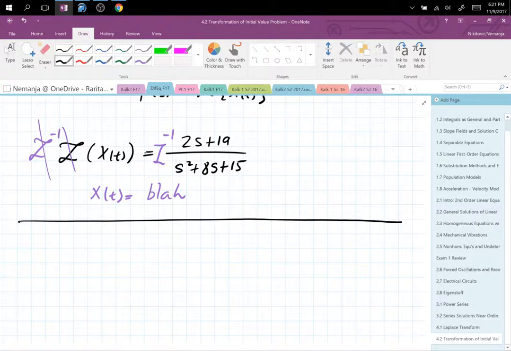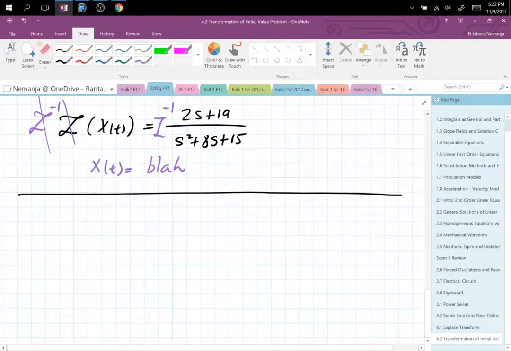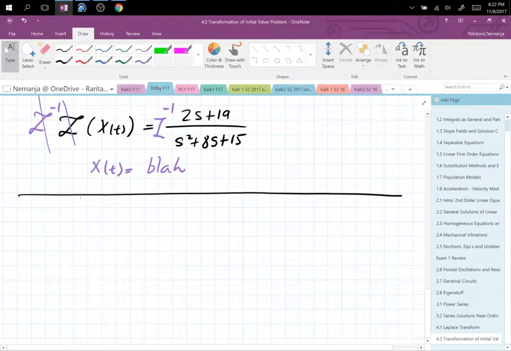All right, so now it is time for us to learn how to do inverse Laplace, to actually get the solution out of here. So now what I'm going to do, I'm going to put a title: inverse Laplace.